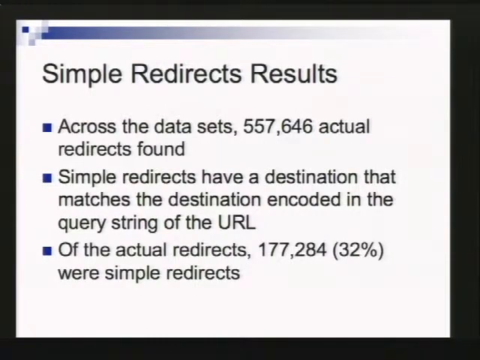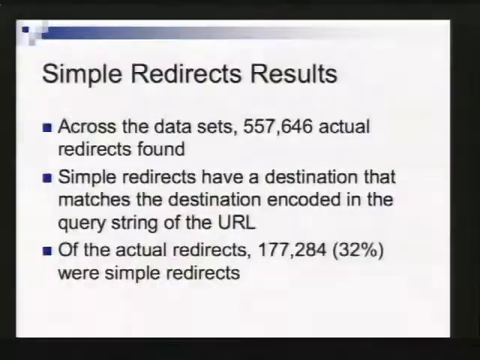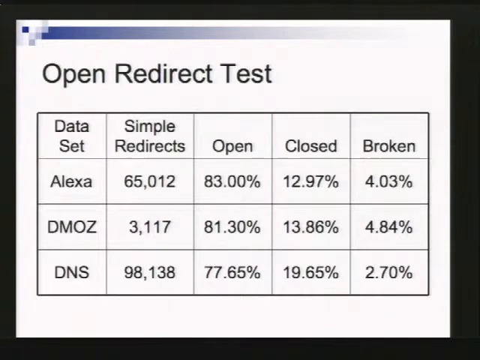So basically, you clicked on the link, it took you to a different destination, but in cases where you were able to identify the destination as the destination in the query string, that was 32% of these total links. And then we apply the open redirect test, which is just take the destination of the link and replace it by a page we control and see if clicking on the link will actually take you to that destination. Simplest test you can imagine.